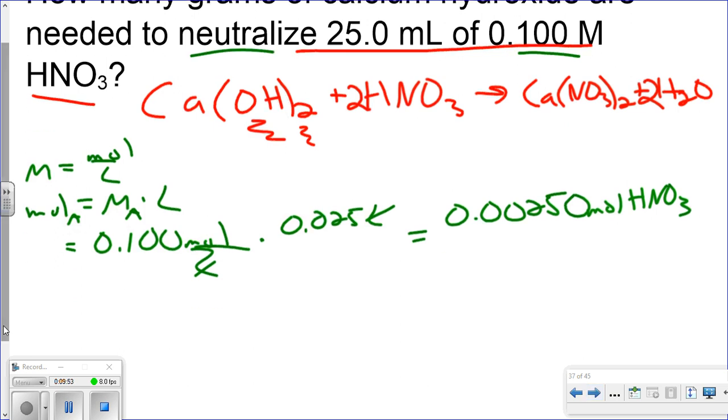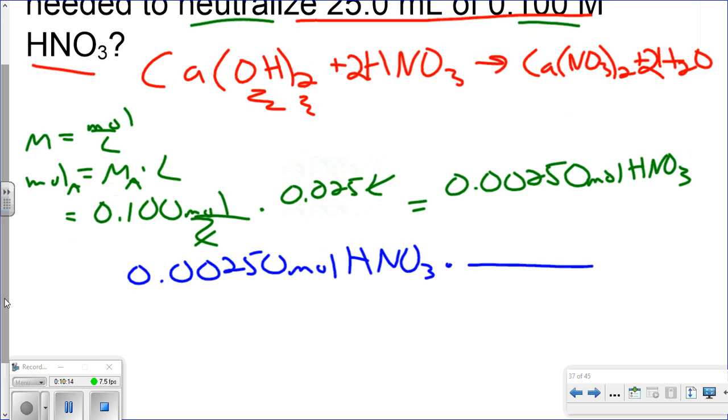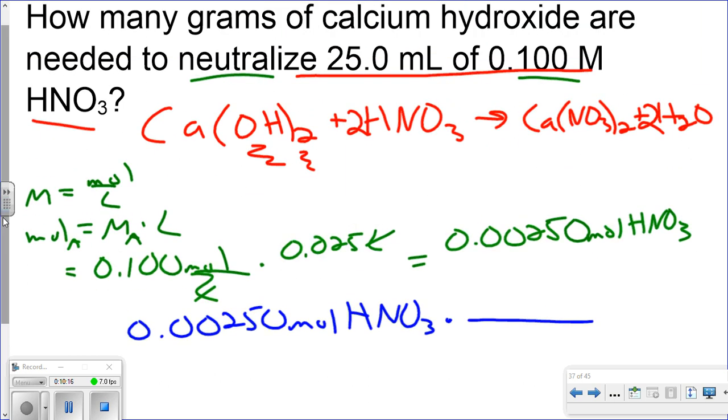So what I'm going to do next is take my 0.00250 moles of HNO3, and I'm going to convert that to the base using a mole ratio. Okay, so here's my mole ratio. Let's look at the question, how many grams of calcium hydroxide? So I got to get to calcium hydroxide. I'm not in calcium hydroxide, I'm in HNO3.